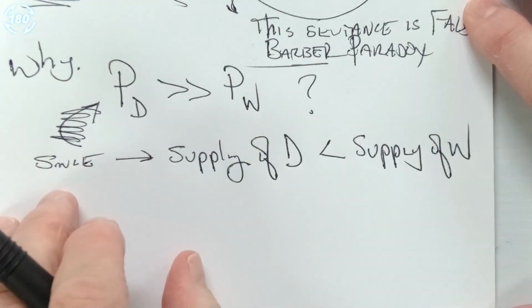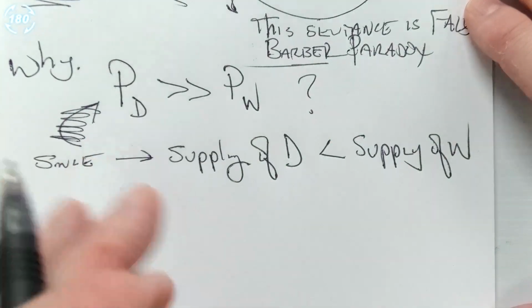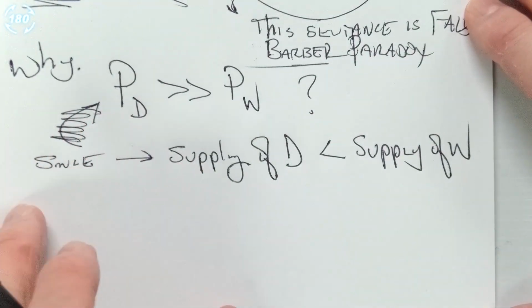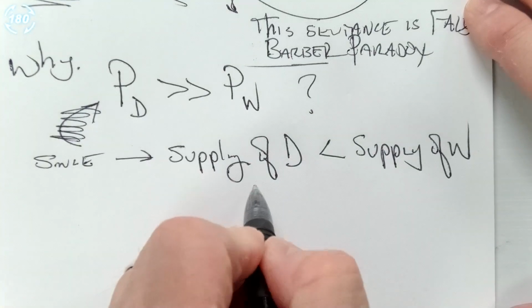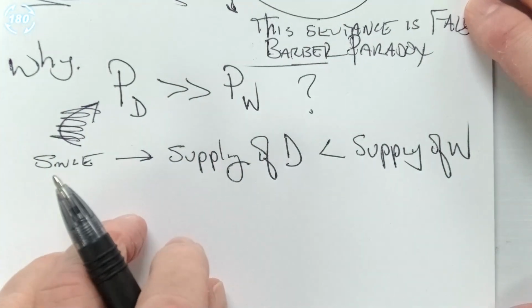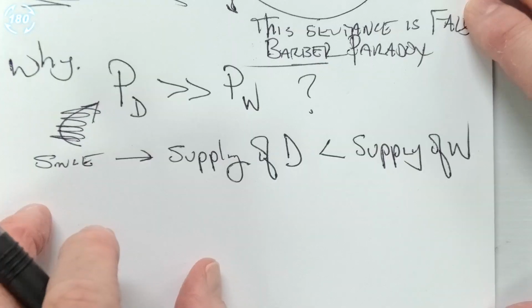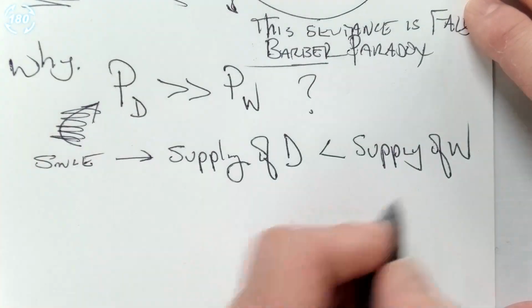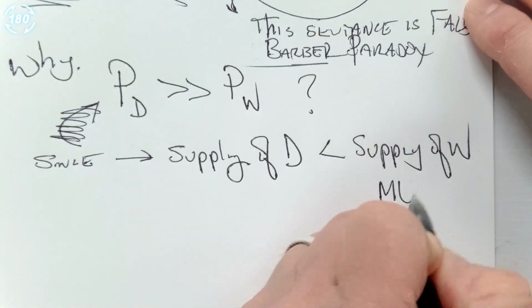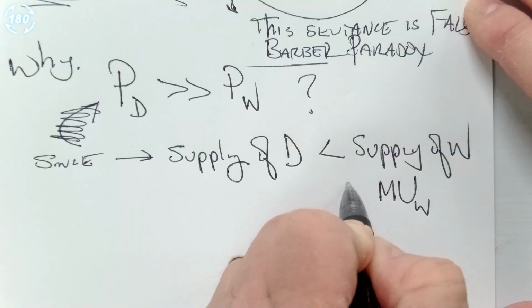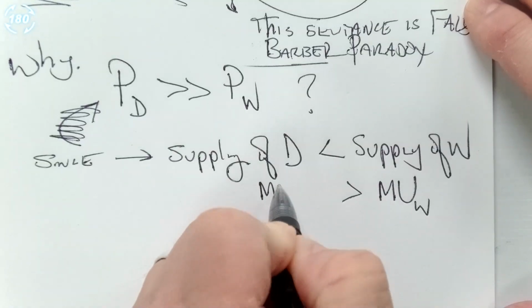Since that's true, then in our normal consumption pattern through a day, as we drink water through the course of a day, as we buy diamonds through the course of a day or year, the last unit of water we consume has a marginal utility that's much less than the marginal utility of diamonds.